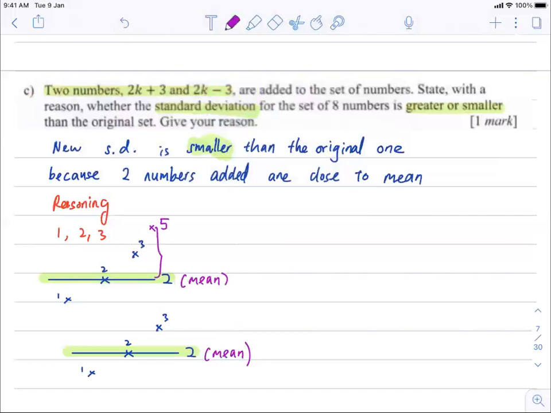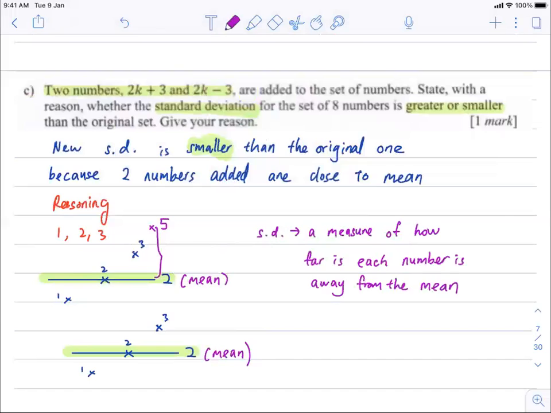And then this will cause the standard deviation to increase, because standard deviation is actually a measure of how far each number is away from the mean.